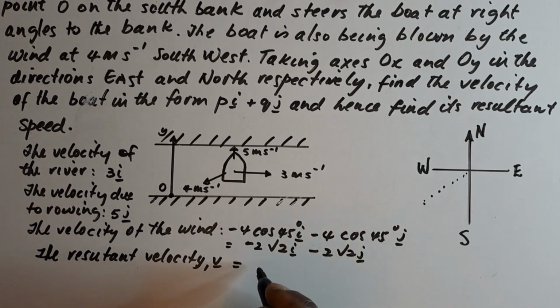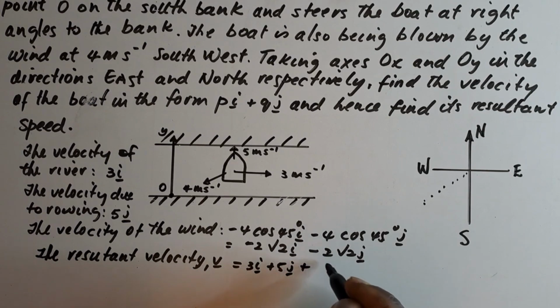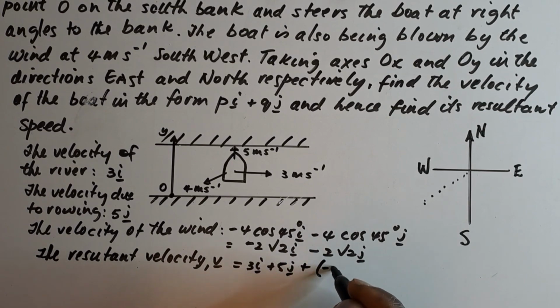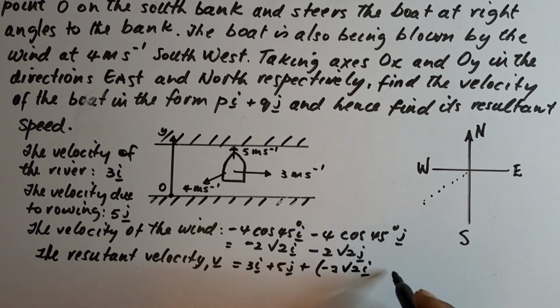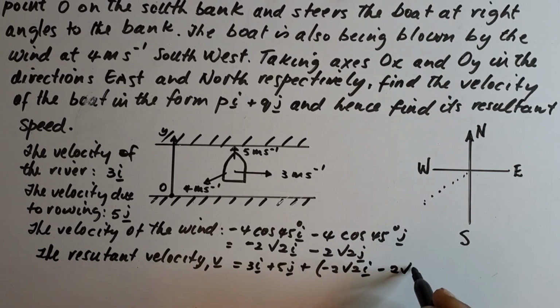And so we have 3i add 5j added to minus 2 root 2 i minus 2 root 2 j.